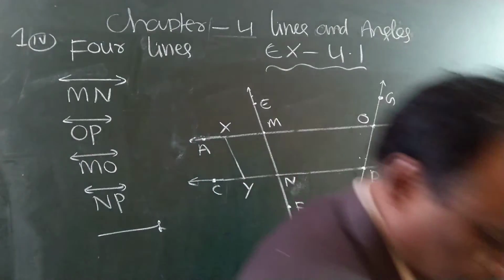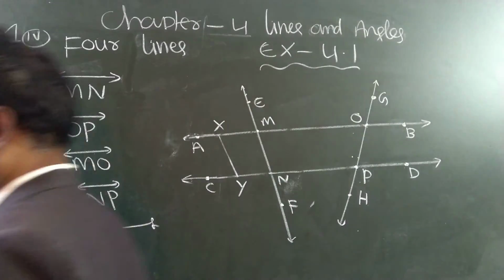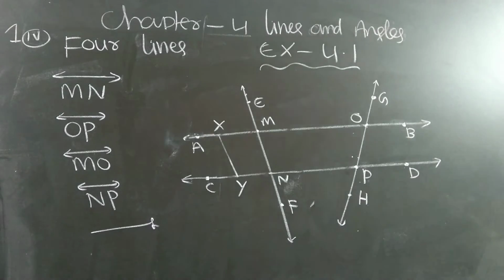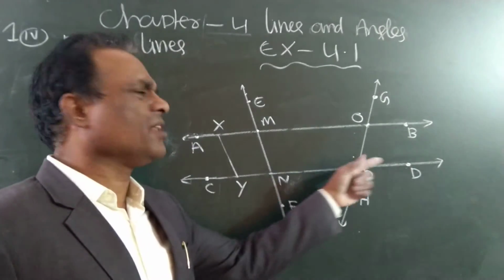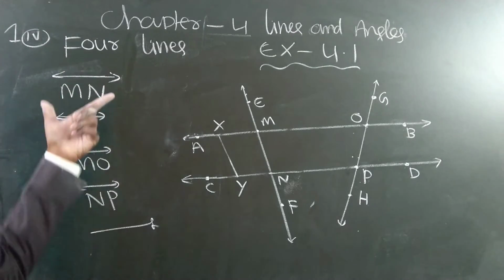Write down. NP is a line. Line means put arrow marks on both sides. If you don't put the arrow marks, it becomes a line segment.